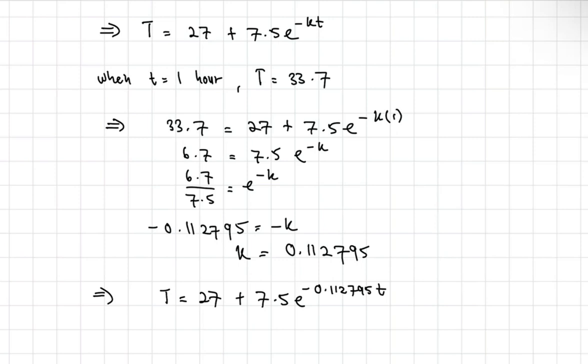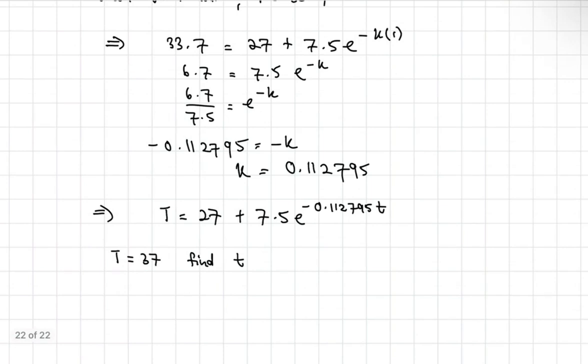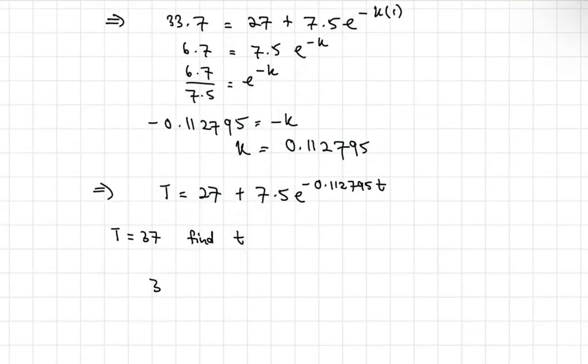So what happened when the person was alive? When the person was alive, the temperature is 37. So we need to find what is the t before. So 37 equals 27 plus 7.5 e to the power of minus 0.112795 t.